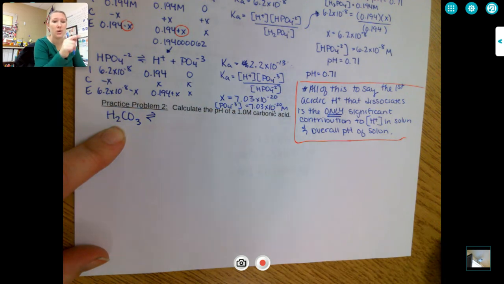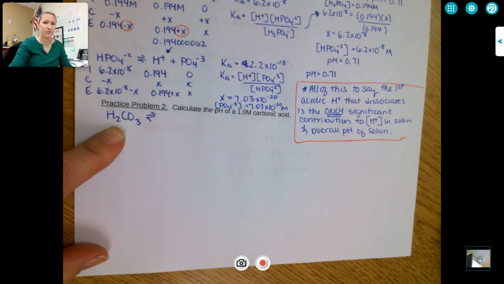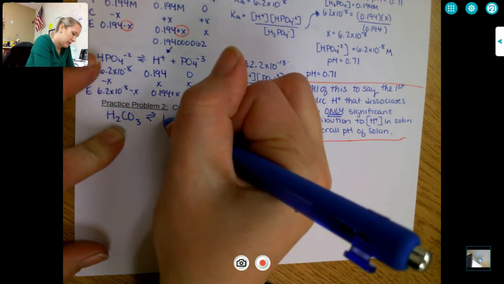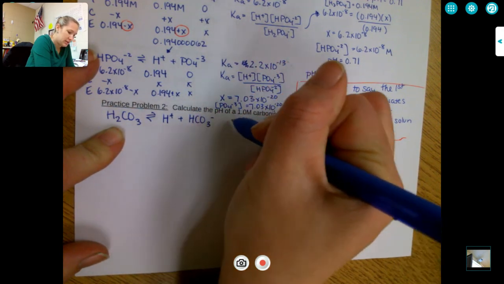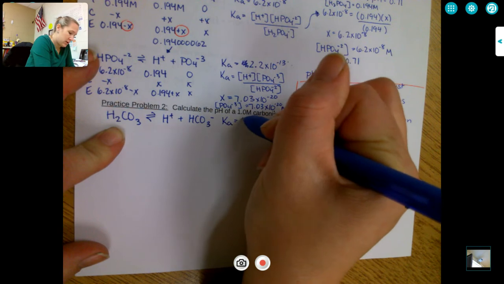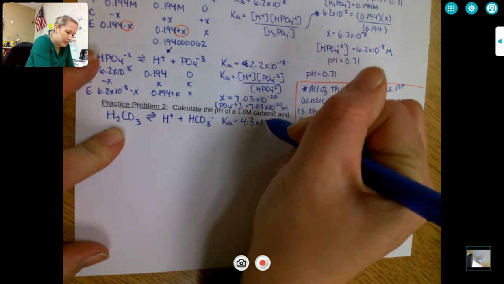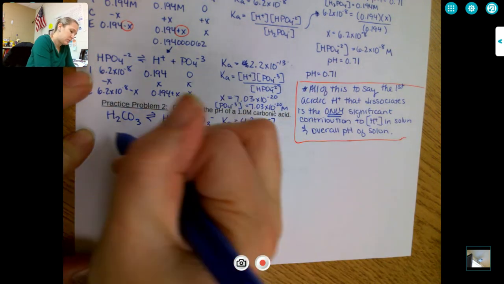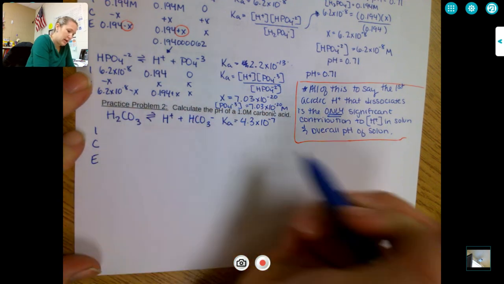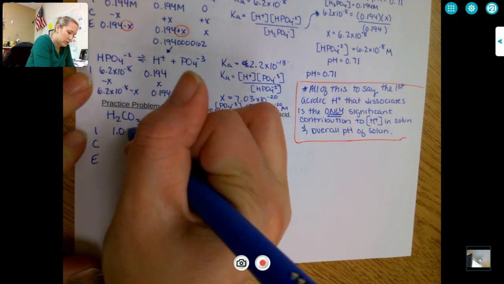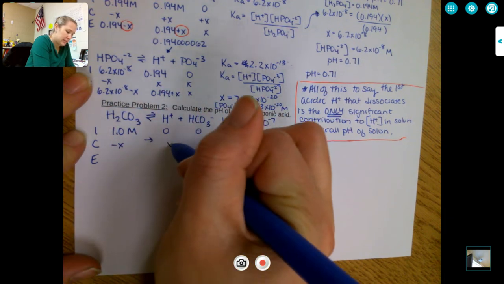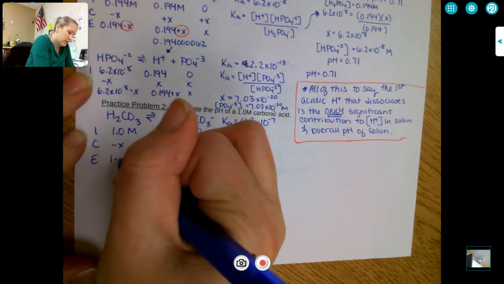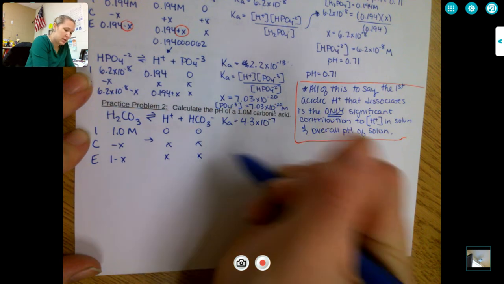But we know we only care about that first one. It's the only one that matters. So I'm just going to care about the first one, HCO3 minus. We set our Ka value 4.3 times 10 to the negative 7. I have a 1 molar solution of it. It has not dissociated yet. X, X, X, 1 minus X, X, X.